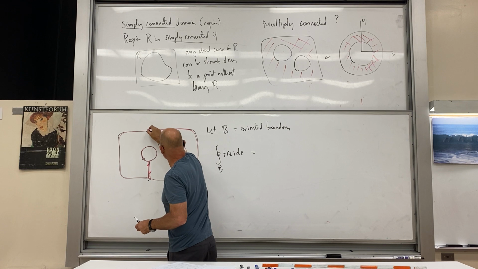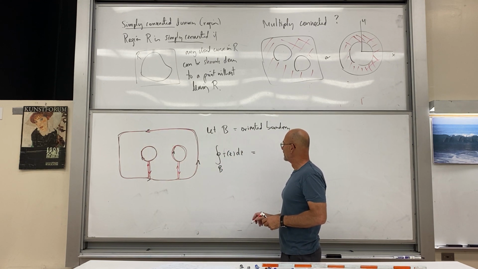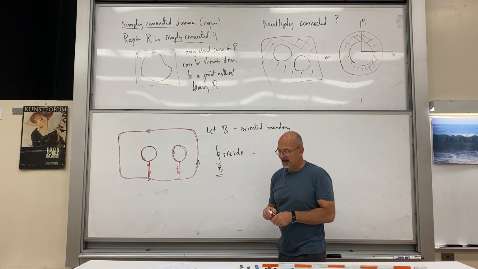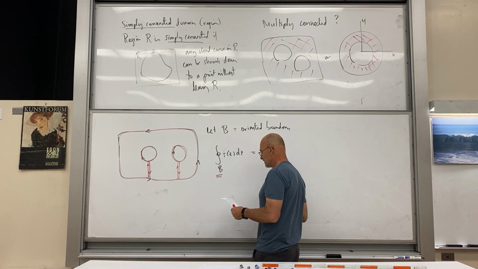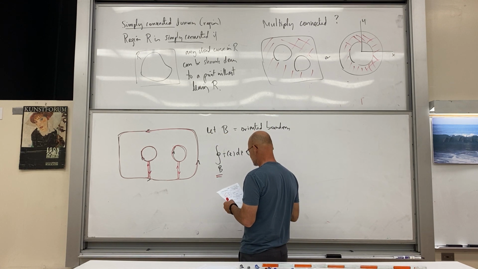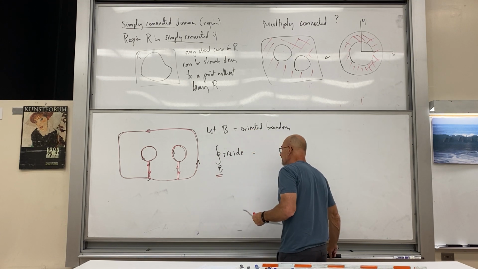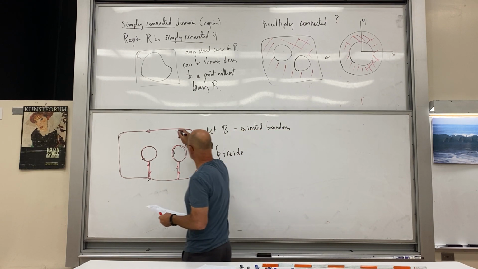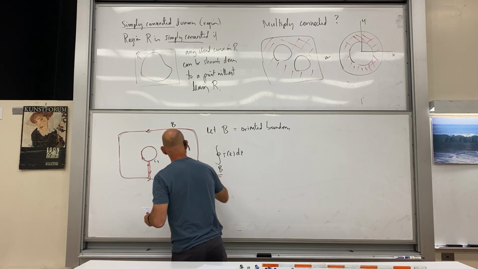And then complete the curve. So there's the total integral. And then we can just add those three together. So we have B for the outside one, and C sub 1 and C sub 2.